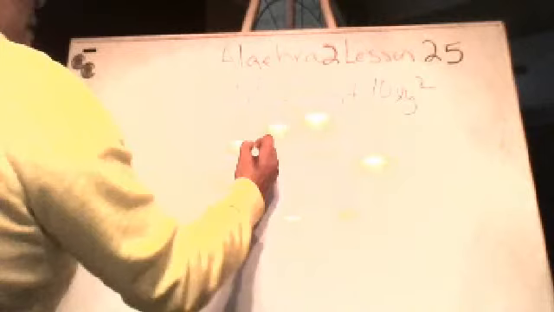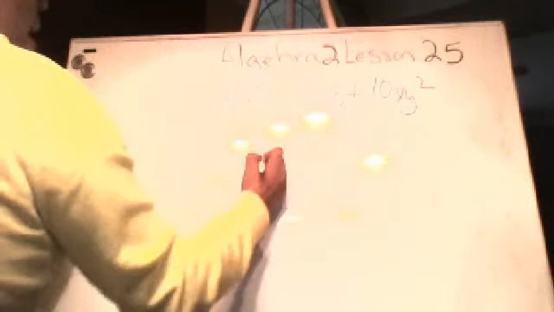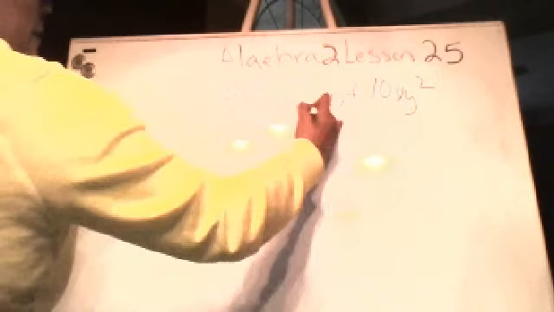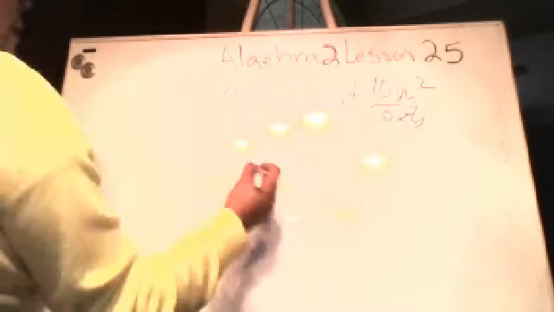Well, I know I have a 2, I can take out an x, and I can take out a y. Then I just put my parentheses. So if I divide by 2xy, what do I have left?